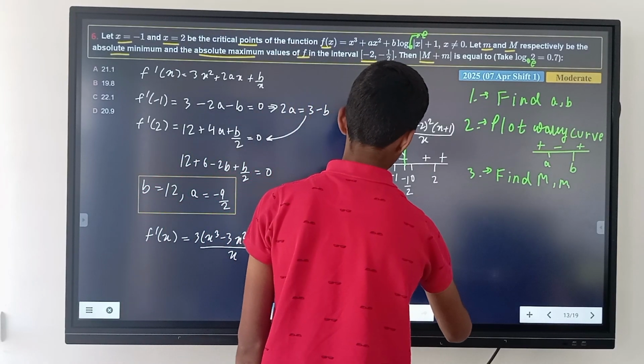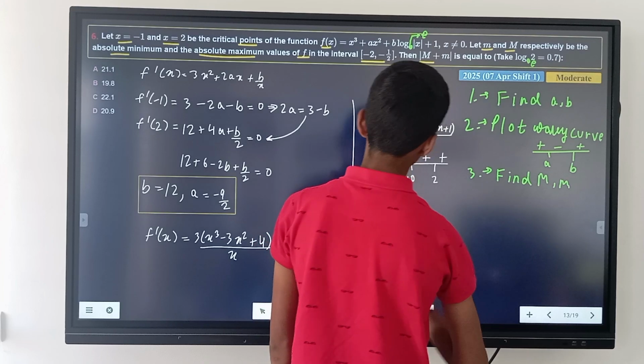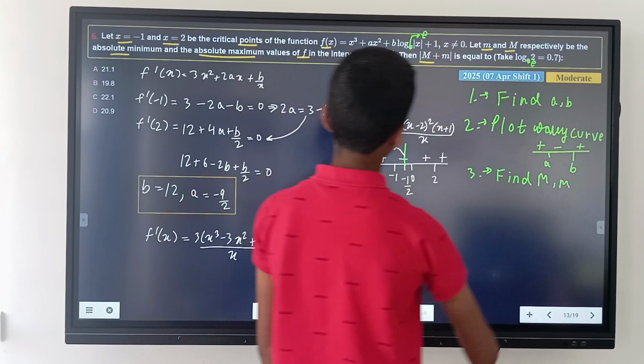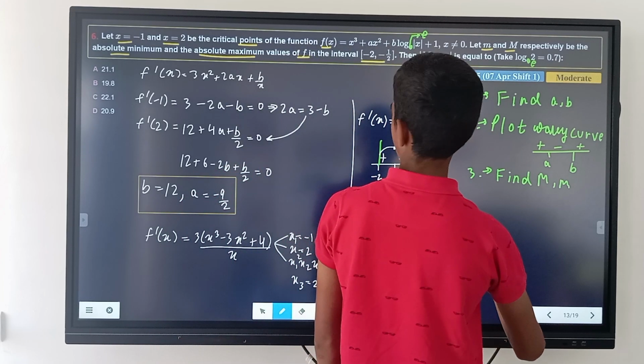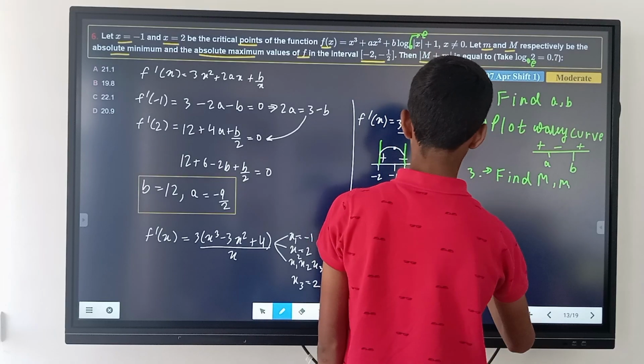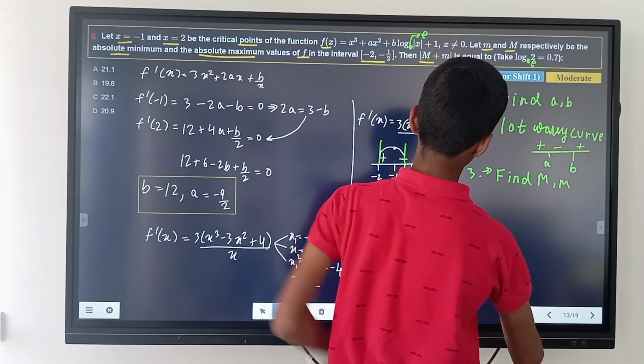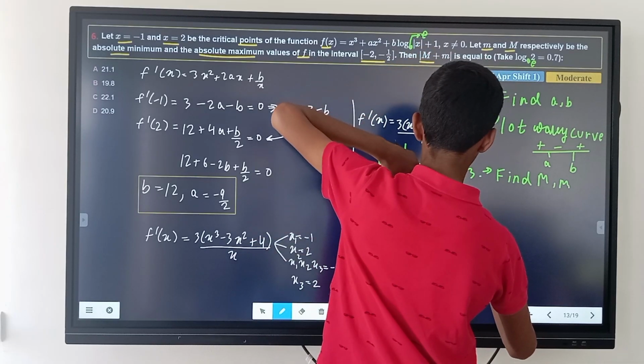So from here at minus 1 we will get our absolute maximum. So our M is equal to f of minus 1, which is equal to minus 1 minus 9 by 2. Log of 1 is 0 and the last term is plus 1.